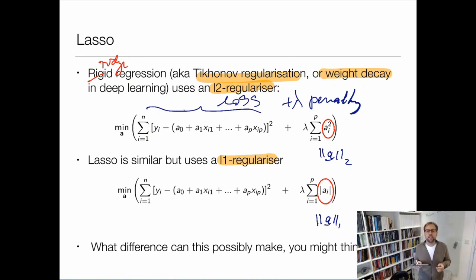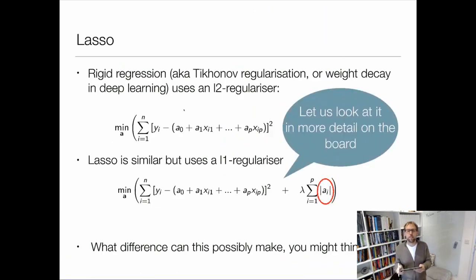But we will actually see that this will make some of the ai's go exactly to zero, and this is quite fascinating, because we wouldn't have expected naively that this little change makes such a big difference, but it actually does, and I want to explain to you in the following slide how it comes about. So let's just talk a little bit more about it on the board.